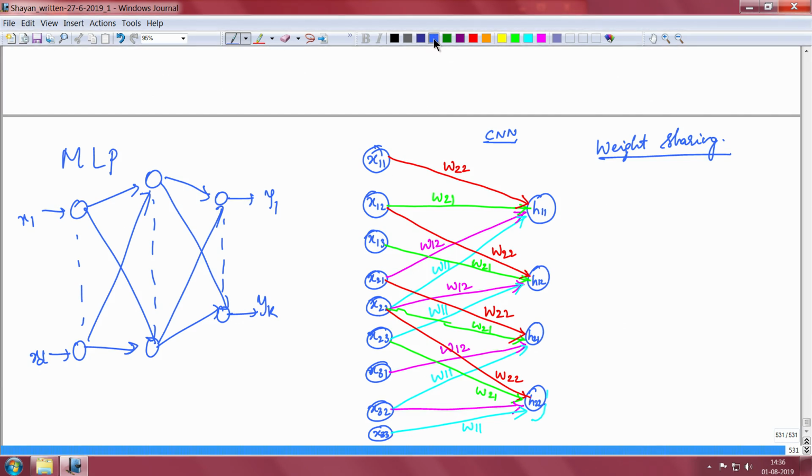So, this completes the connections between the input and the next layer in CNN. Now one can apply activation functions to these values.